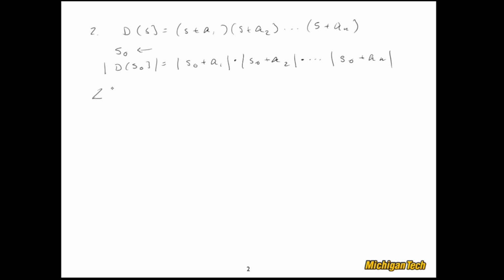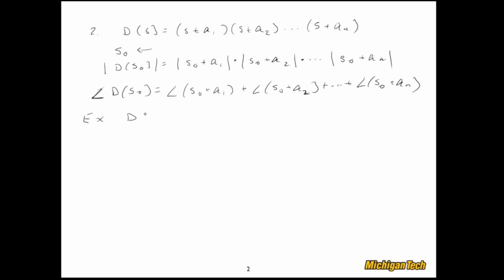And the phase angle, and I'm using this notation with the little kind of a 45-degree angle to indicate a phase angle, of d evaluated at s0 is equal to the phase angle of s0 plus a1, plus the phase angle of s0 plus a2, plus dot dot dot, plus the phase angle of s0 plus an. That's it.